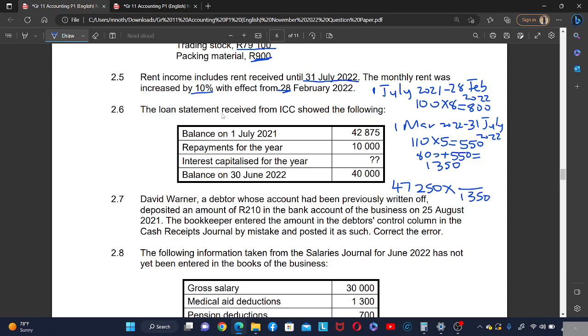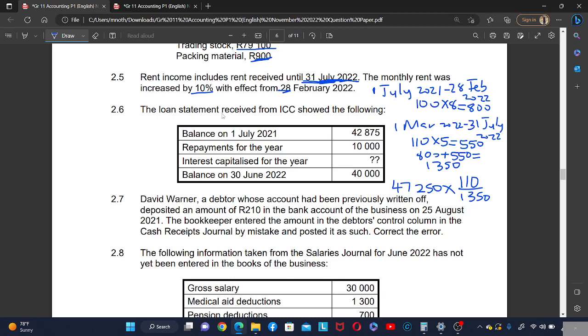And then I said above you put what you want, like always. Below you put what you have, above you put what you want. So what I want is the rent that has been received in advance, which is the rent of July. And the rent of July includes the 10%, meaning that the rent of July is 110%.